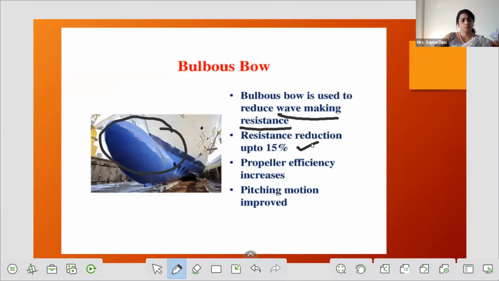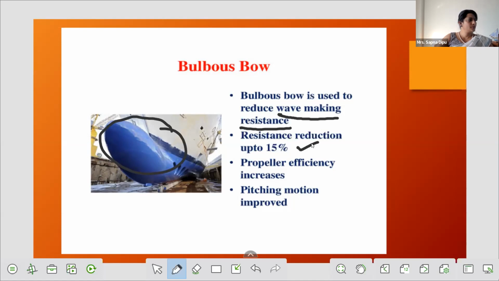But one more important thing we need to know is that whatever bulbous bow we have designed is applicable for that design draft and that design speed. With some other draft or some other speed, it may be a little bit adverse also. But generally, most of the time, the ship moves at the design draft and design speed.